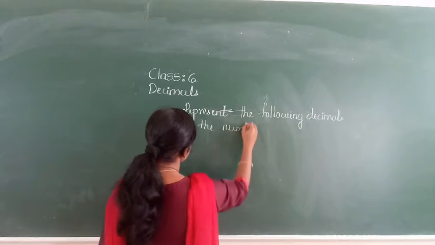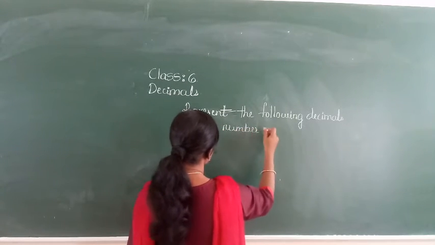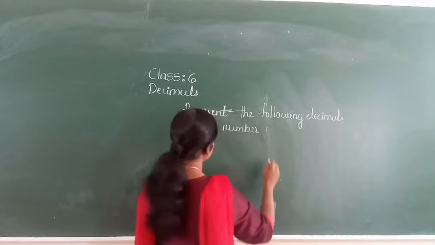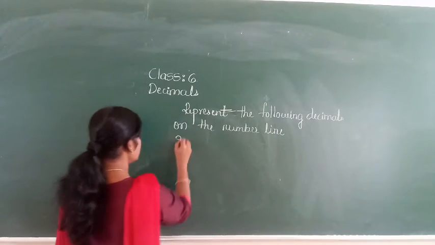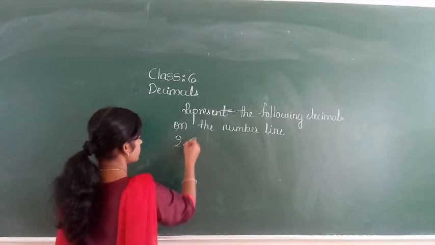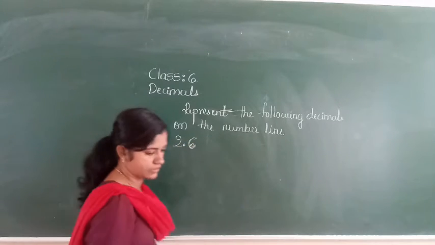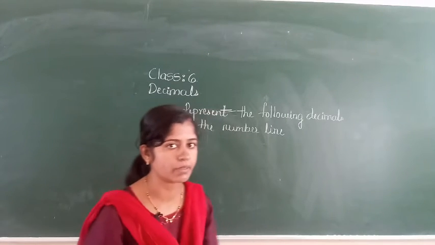So in this class we are going to discuss this number line. Then the first question is 2.6. Then how to represent it on a number line?